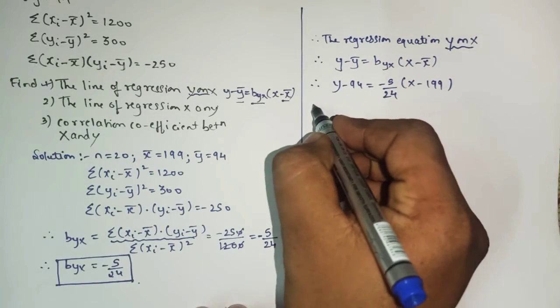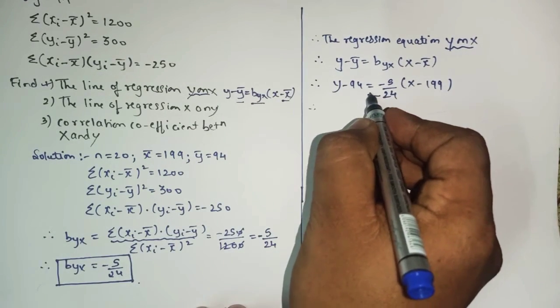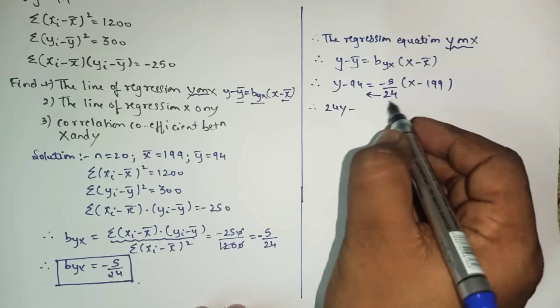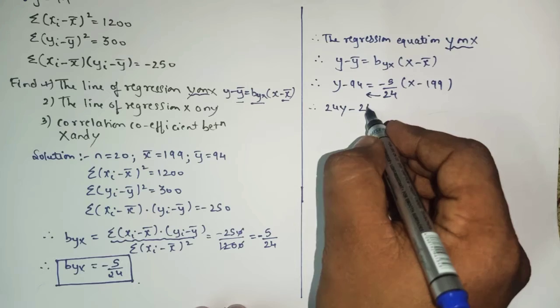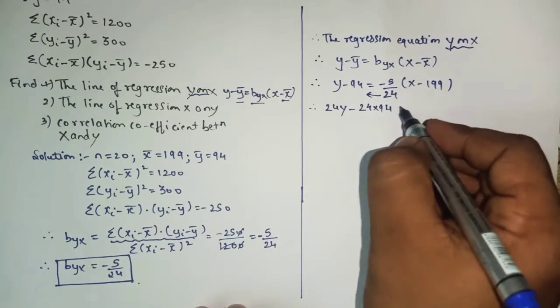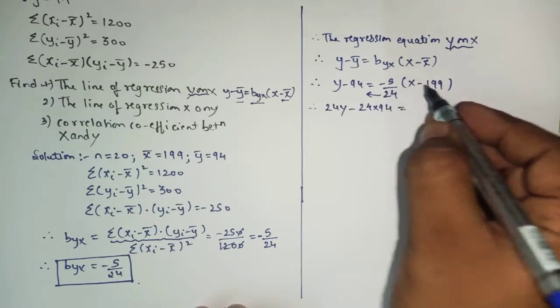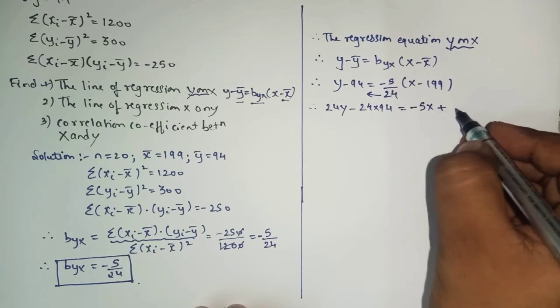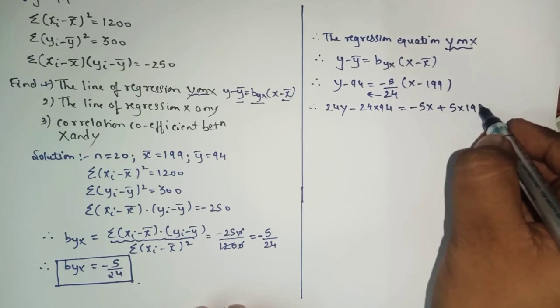So now cross multiply this value, so this will be 24 into y, 24y, 24 into 94 equals bracket open with minus 5, so minus 5x minus minus plus 5 into 199.